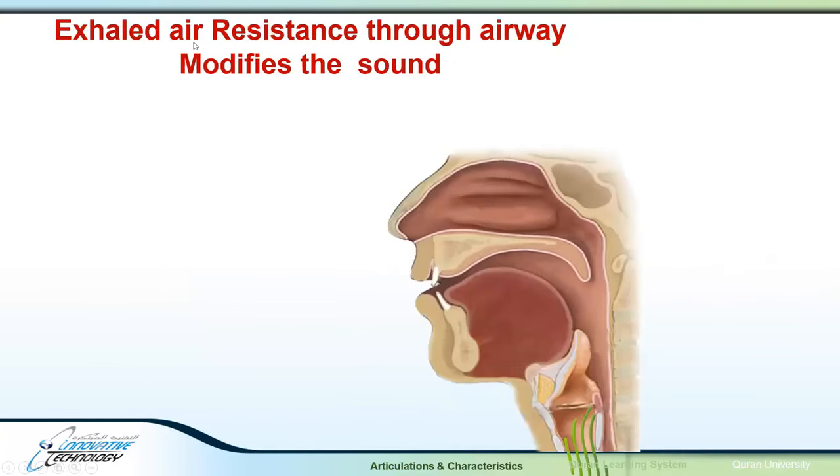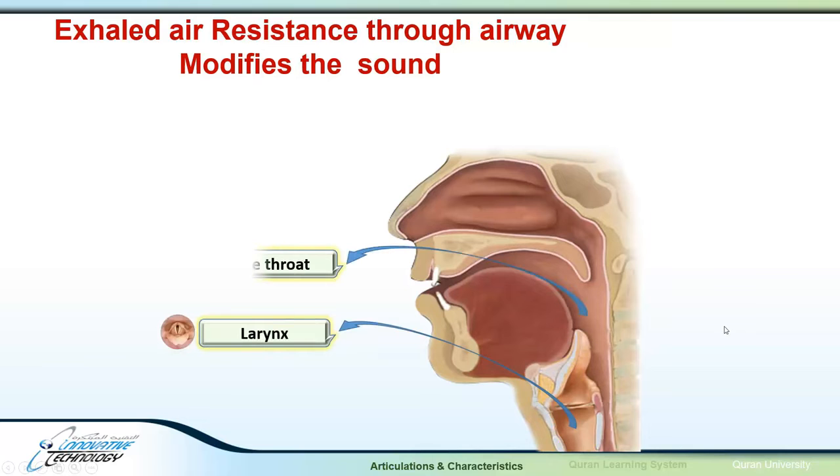Now let's discuss the resistance to the air as it passes through the airway and how that resistance would modify the sound. This is the air. It passes through the airway. The first resistance is faced by the vocal cords in the larynx, and then it passes through the throat, and some of the exhaled air passes from the nasopharynx into the nasal passages and through the nasal cavity to the outside.